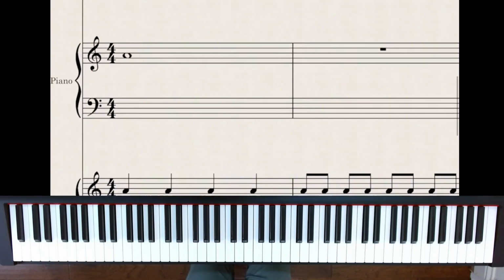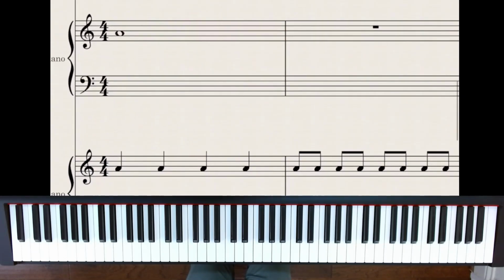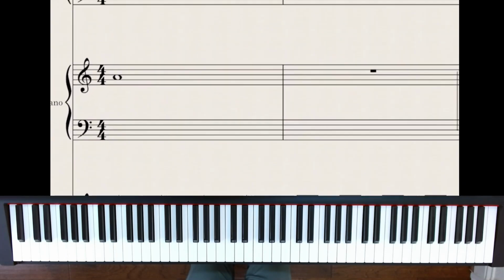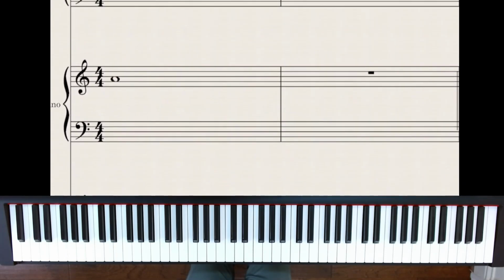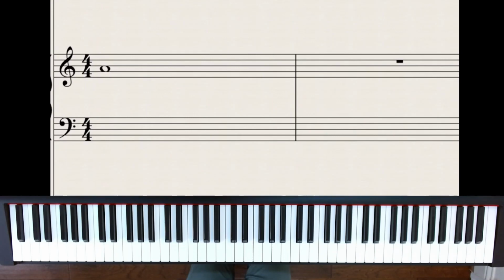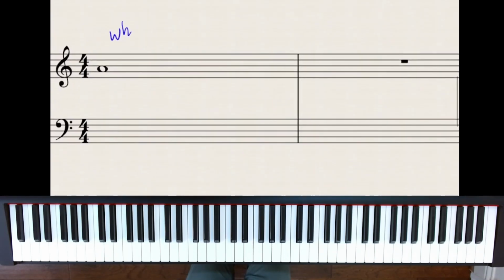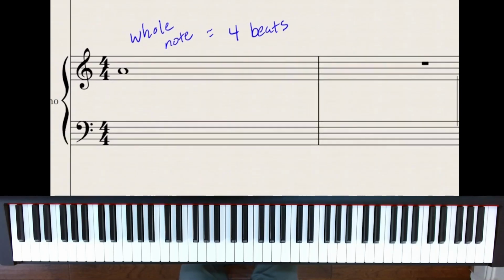So the next note we have here is a whole note. So the whole note is equal to 4 beats. Okay?